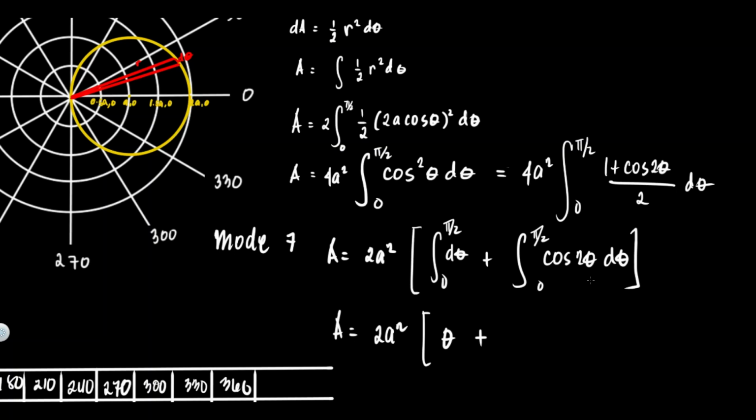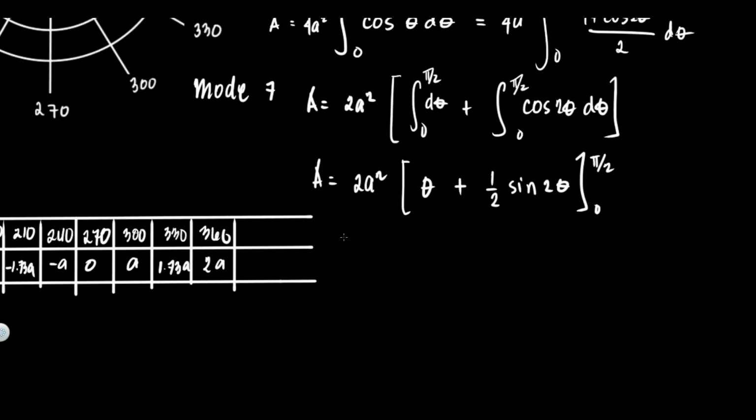The integral of cosine is sine, and we have an integrating factor here, so we need to introduce 1 half outside. So we have 1 half sine 2 theta, limits 0 to pi over 2.